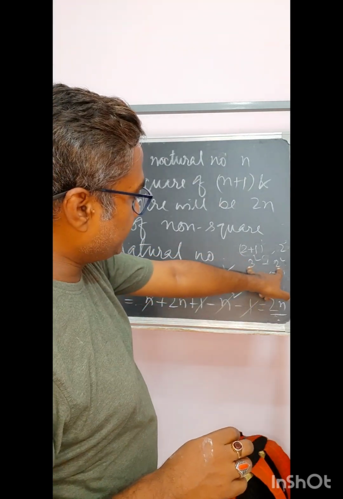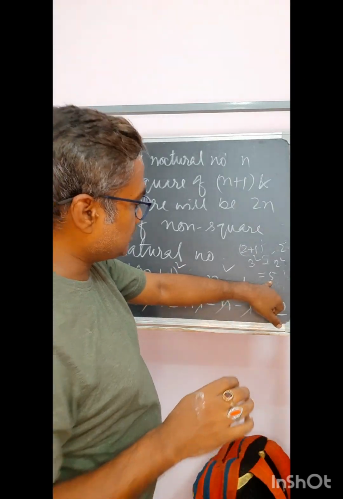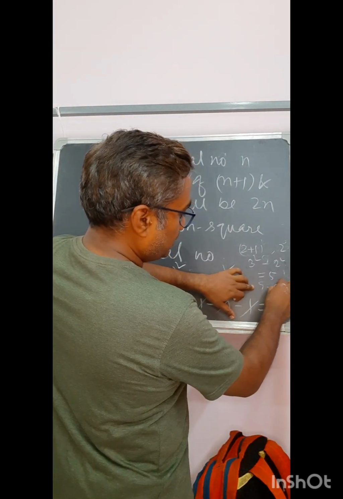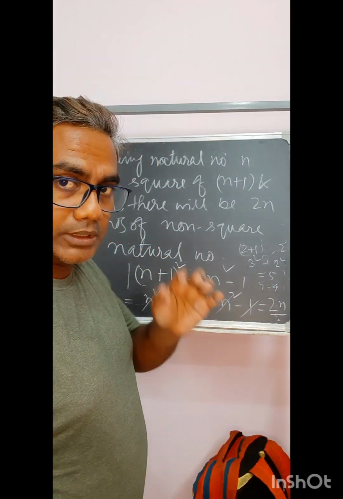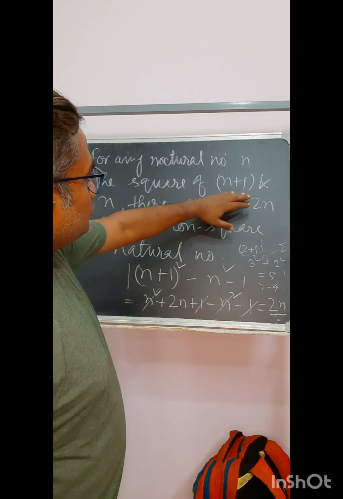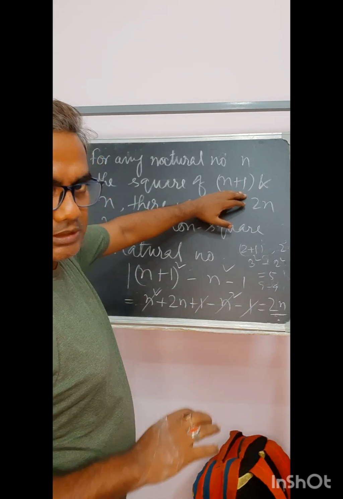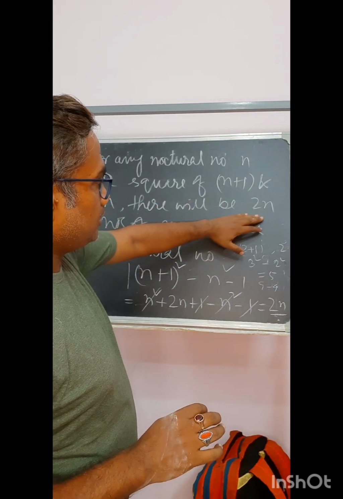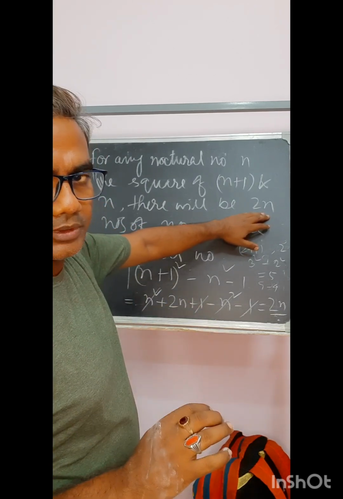So if I take this difference, I will get 5 numbers lying in between 9 and 4, which are not perfect squares. Understood? So the theorem says between any two consecutive squares, where n is the natural number, there will lie 2n non-perfect squares. Okay.